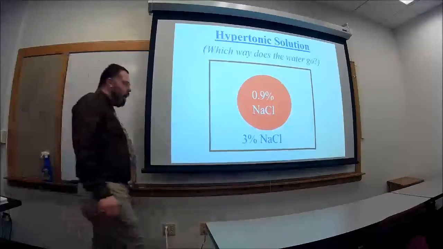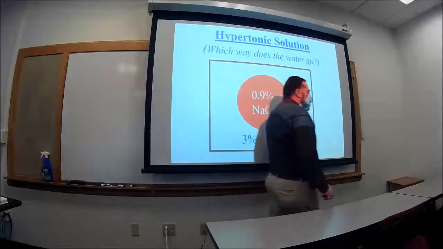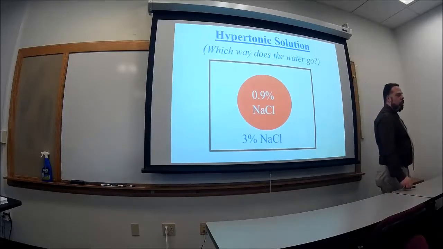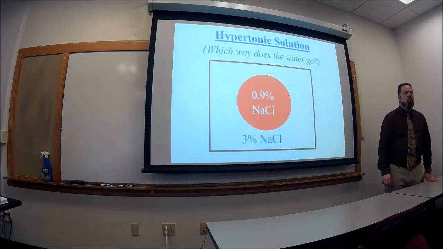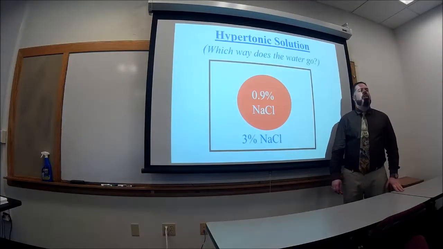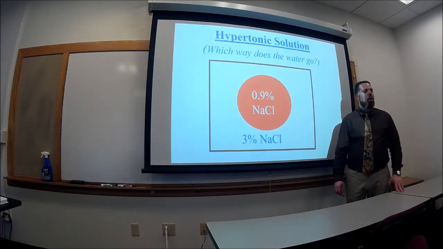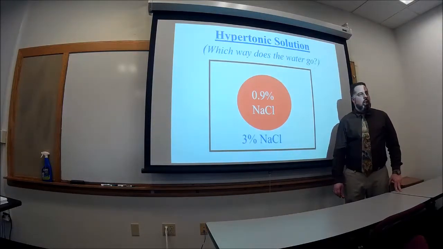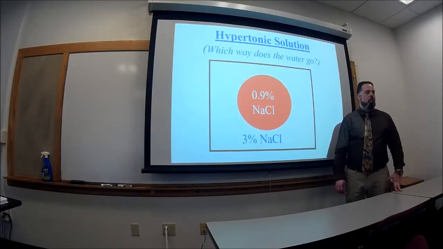So again, I ask you, is outside the cell more concentrated or more dilute? More concentrated. Is outside the cell hypertonic or hypotonic? Hyper. Are there more solutes outside the cell or inside the cell? Outside.